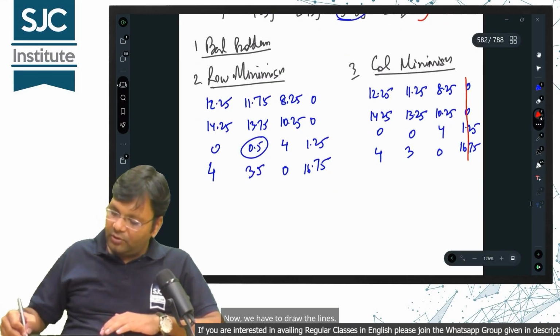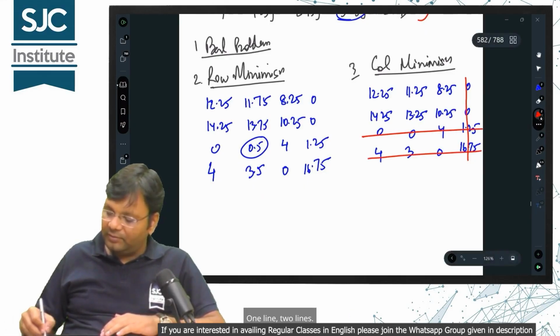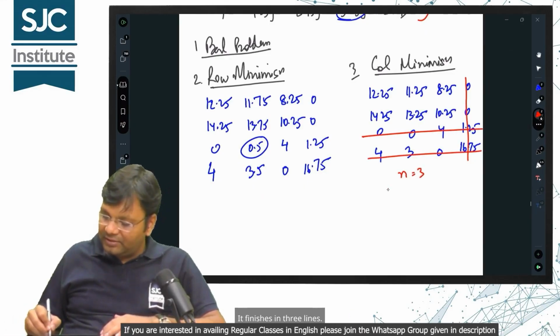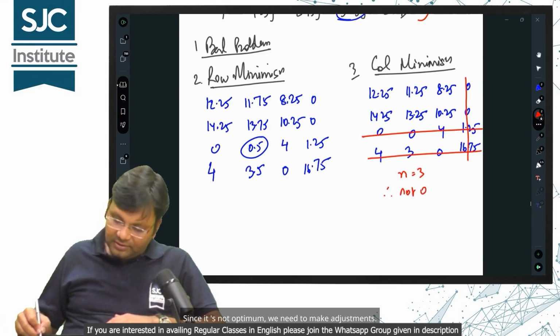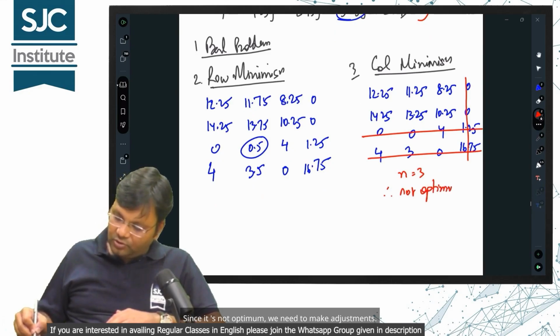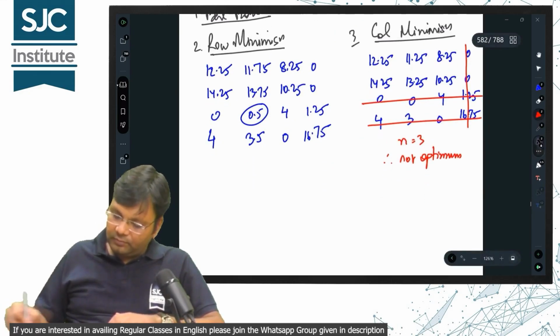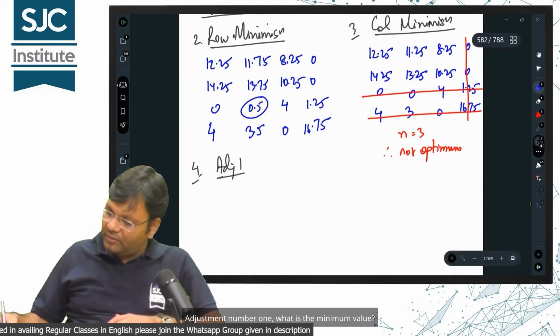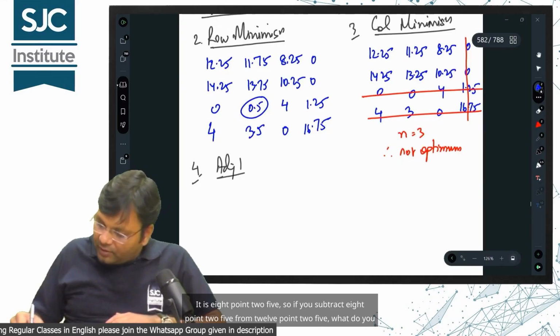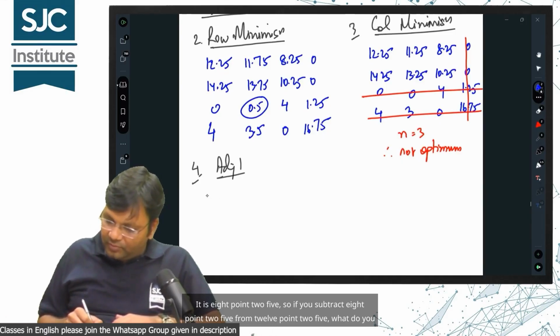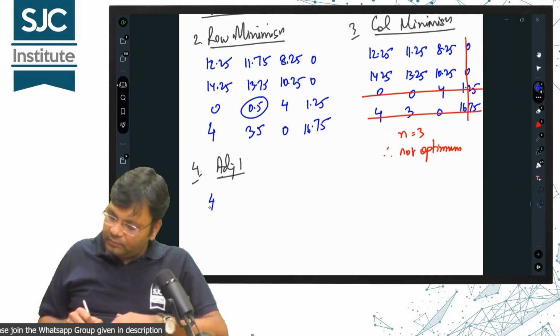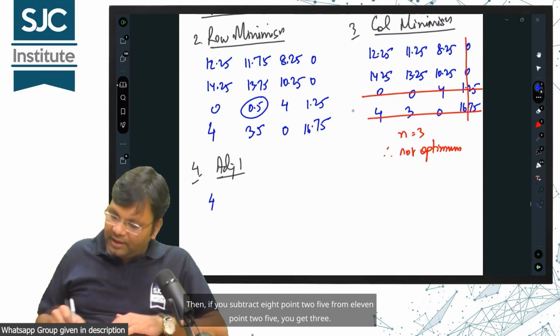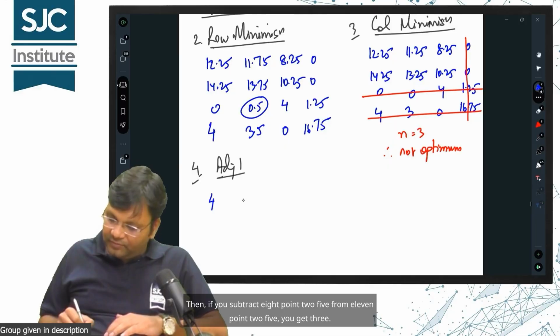Now, we have to draw the lines. 1 line, 2 lines. It finishes in 3 lines. Since it's not optimum, we need to make adjustments. Adjustment number 1, what is the minimum value? It is 8.25, so if you subtract 8.25 from 12.25, what do you get? 4. Then, if you subtract 8.25 from 11.25, you get 3.